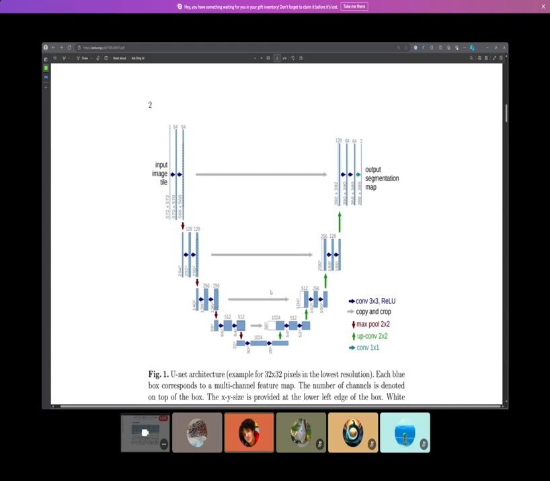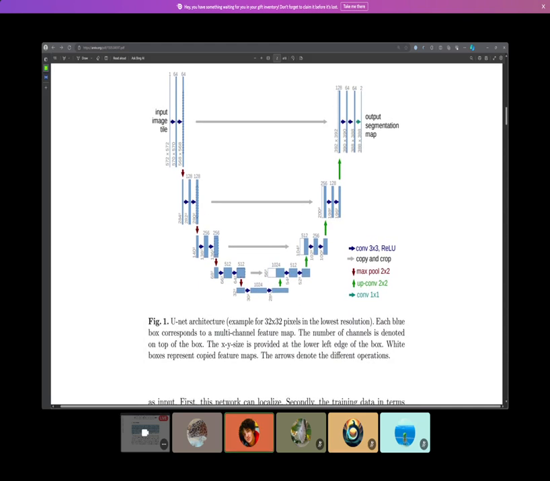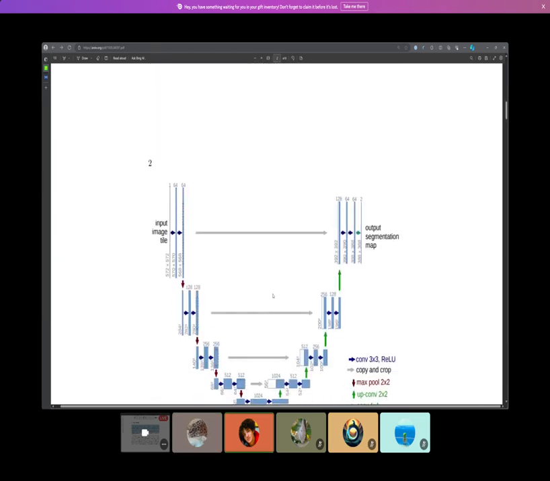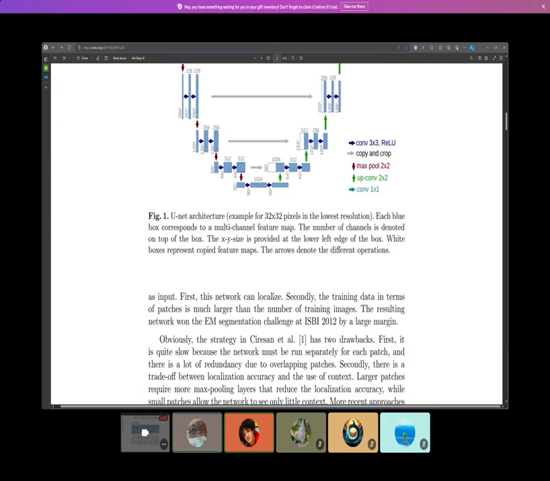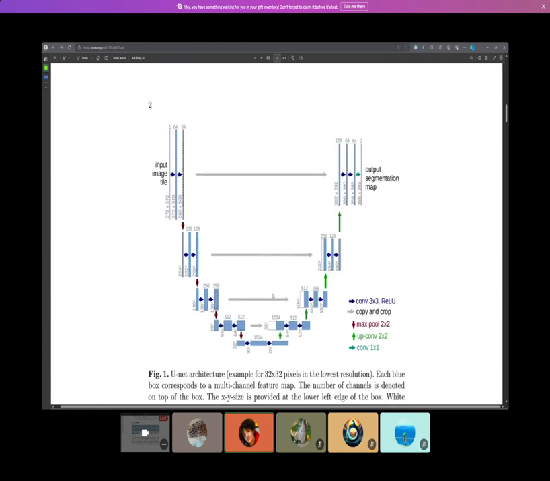Look at how big the input image is, then look at how small it is at the bottom. This just compresses the images. So basically, the max pool compresses the image.